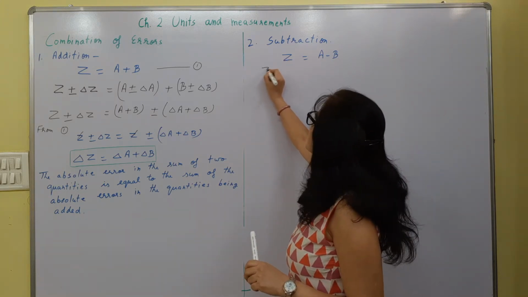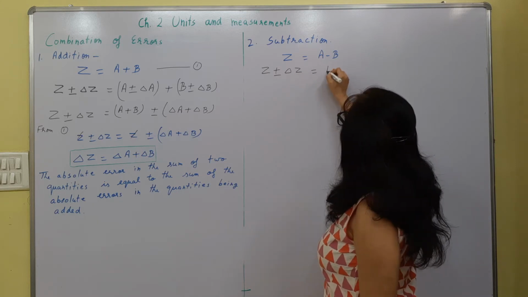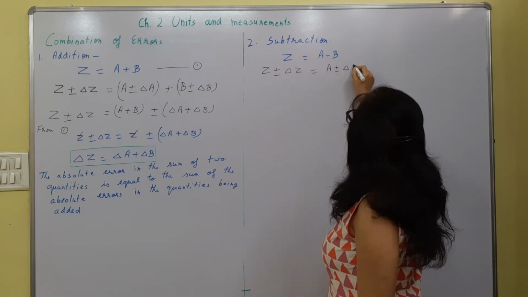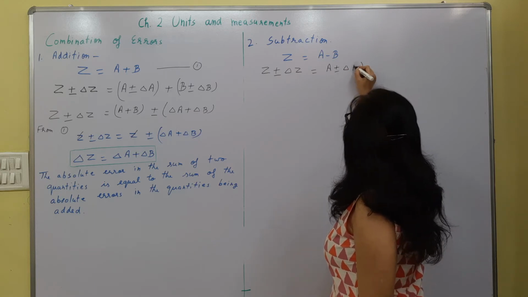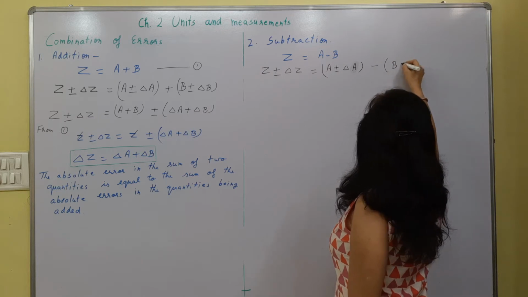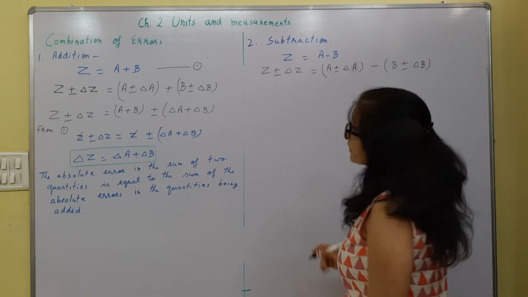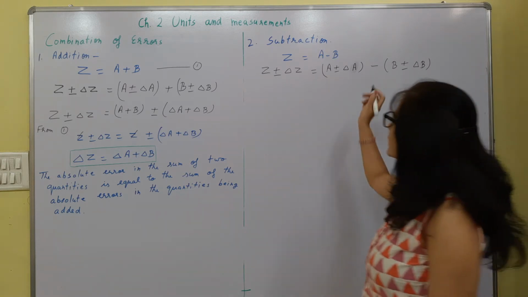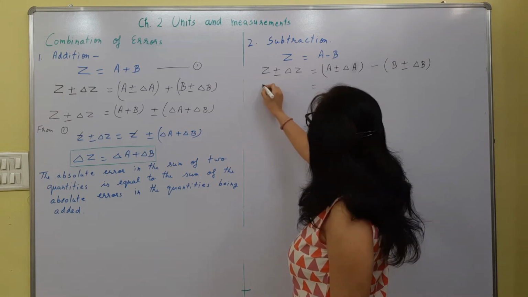So we can write down this on this side, and A can be replaced by error range in A, minus B can also be expressed by error range in B. So again we can rearrange.